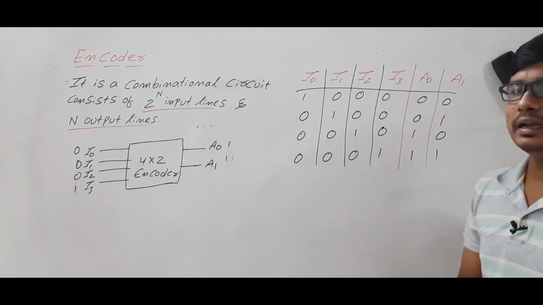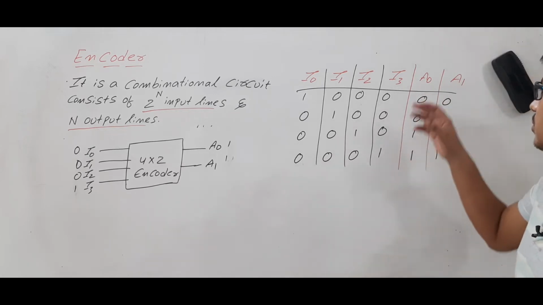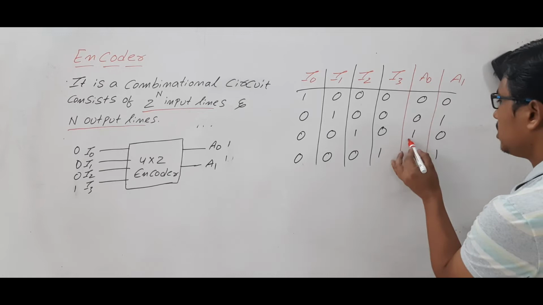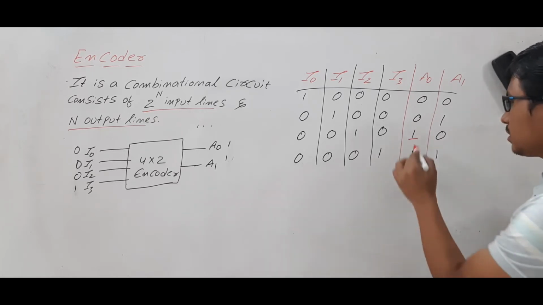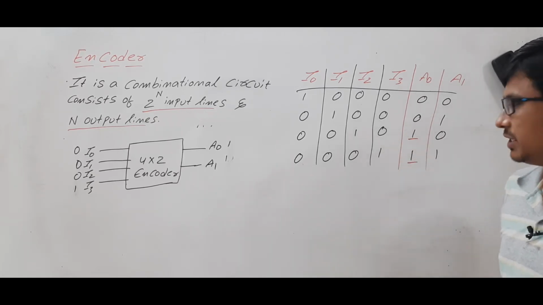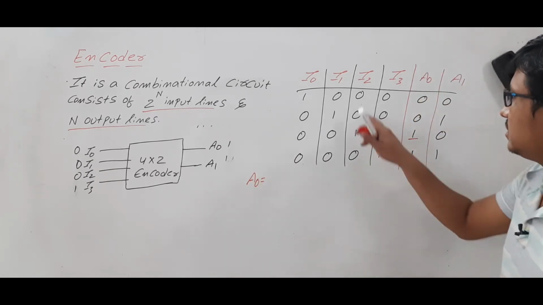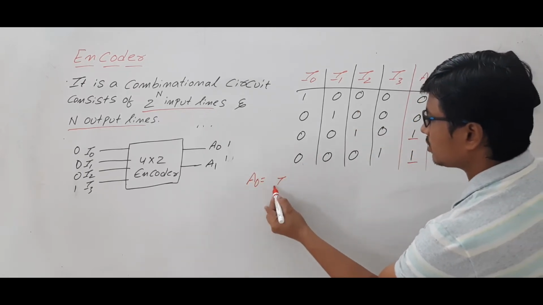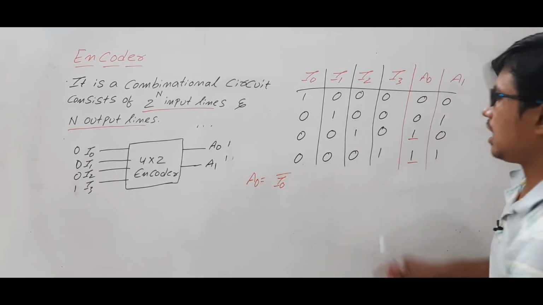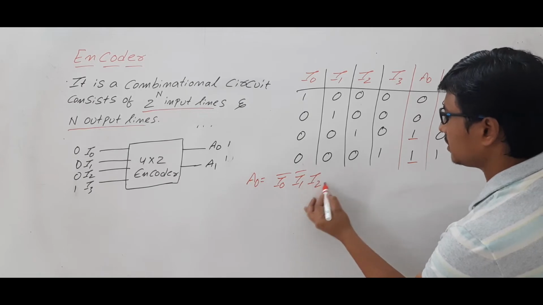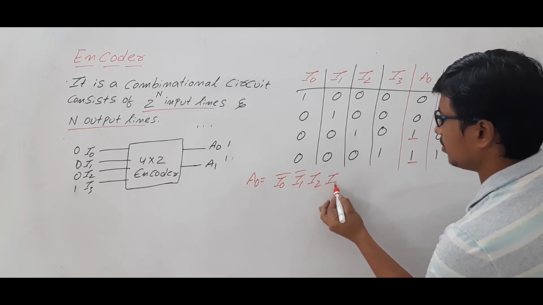Is it clear? Let me write the expressions for A0 and A1. Now tell me, where are the outputs 1? These are the 1s, so we can represent them as minterms. So A0 can be represented as I0 complement, I1 complement, I2, then I3 complement.